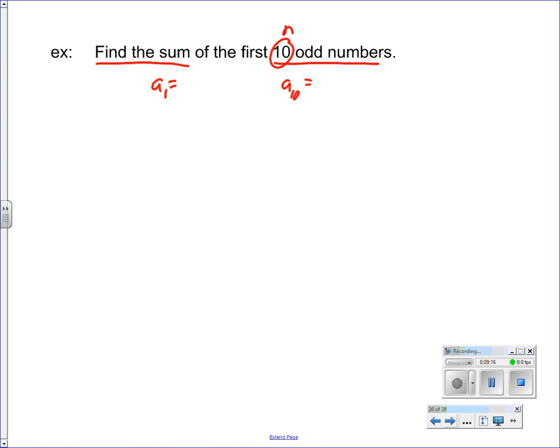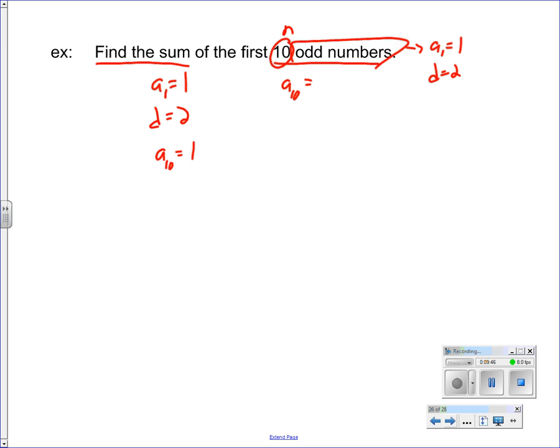So the odd numbers are an arithmetic sequence. The first term is 1, and the common difference is 2. I add 2 every time to get another odd number. So using that, I can actually find the 10th term.